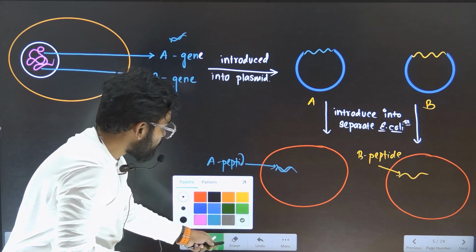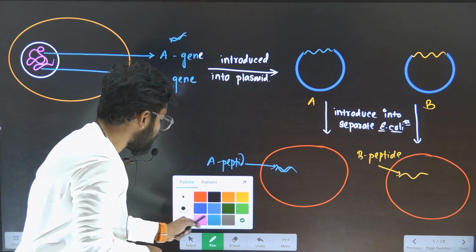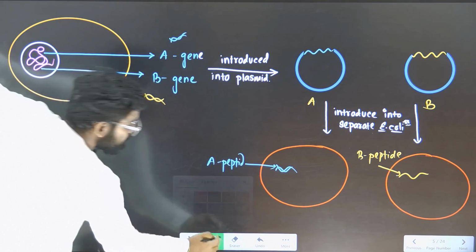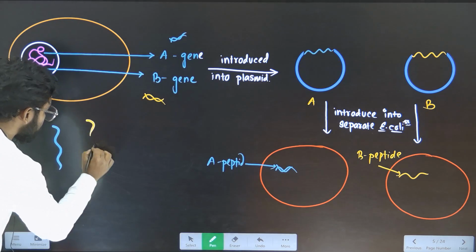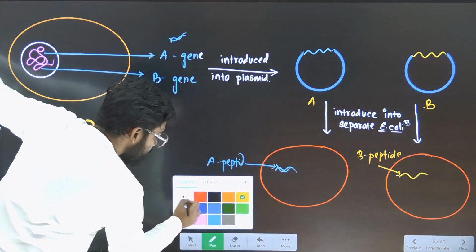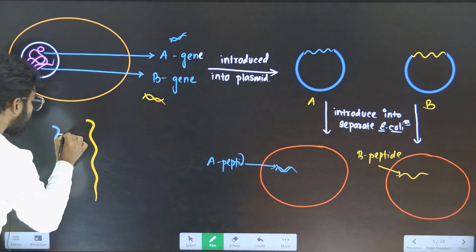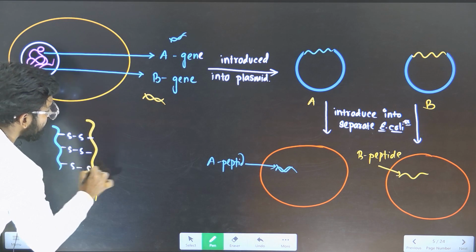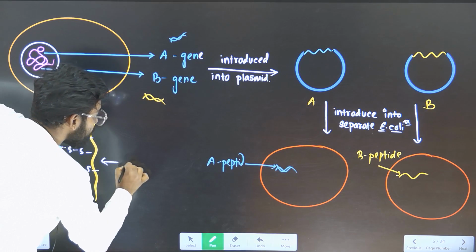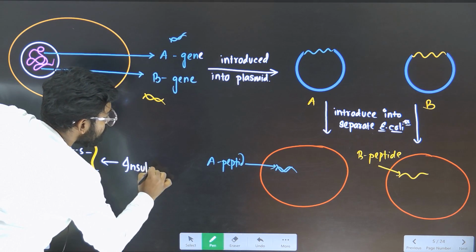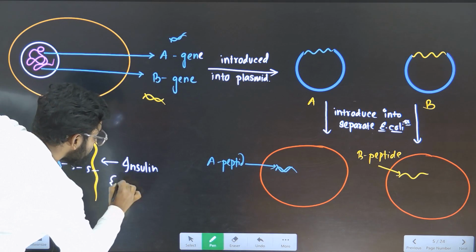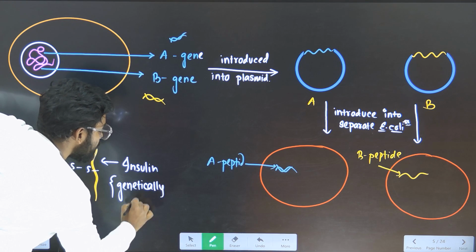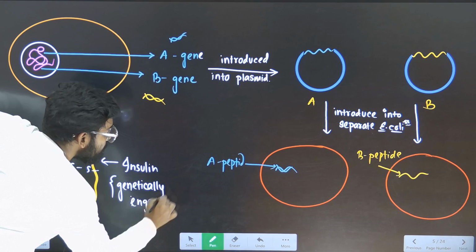So now we have obtained A chain and B chain separately. Now in laboratory conditions, say this is A chain, this one is the B chain. So in laboratory conditions we form disulfide bridge between them, and this is what the insulin looks like when it is genetically engineered.